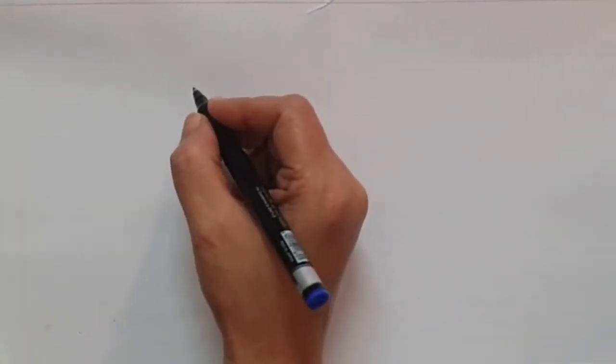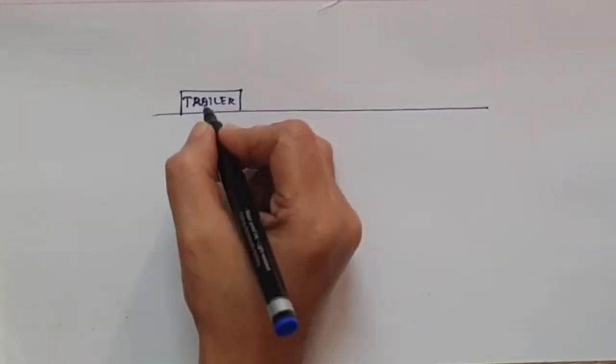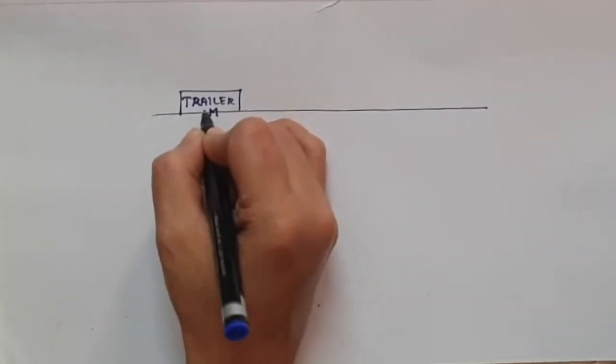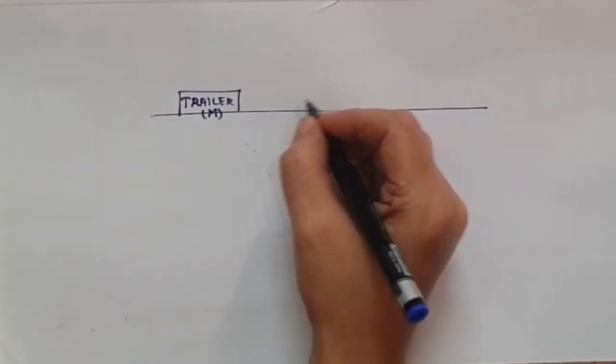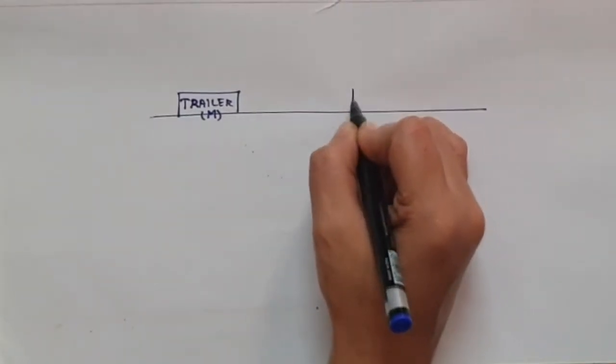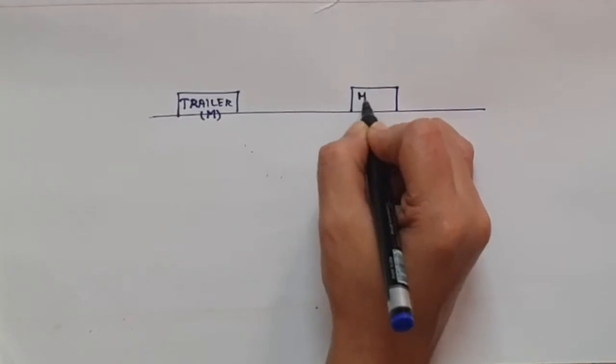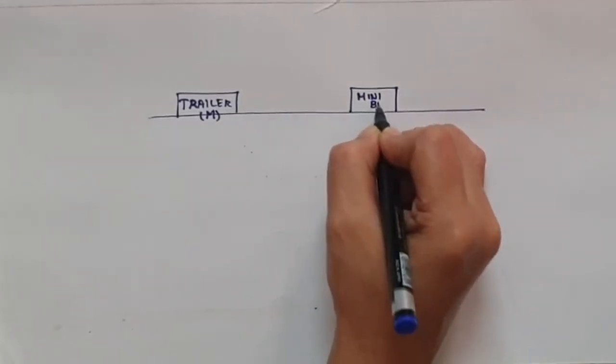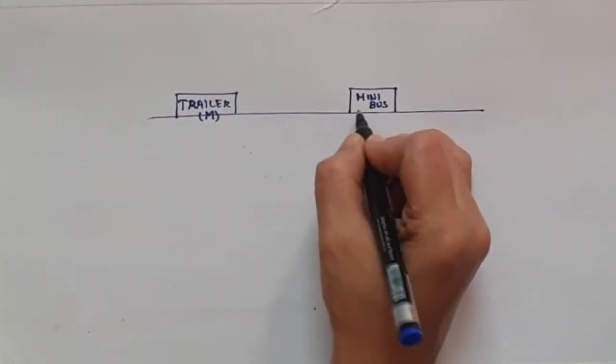Now let us see how to solve this problem. First, it is always better to draw the diagram. The mass of the trailer is M, and the minibus has a mass of 950 kg.